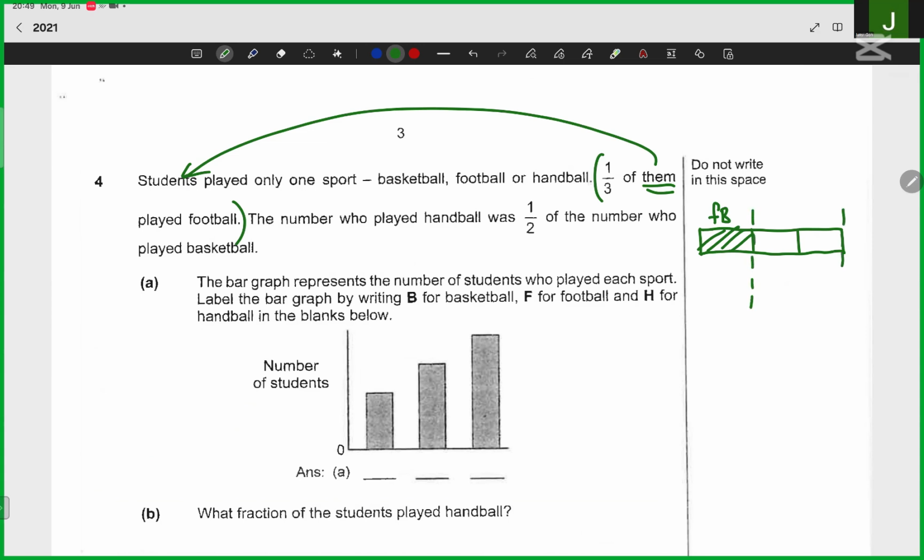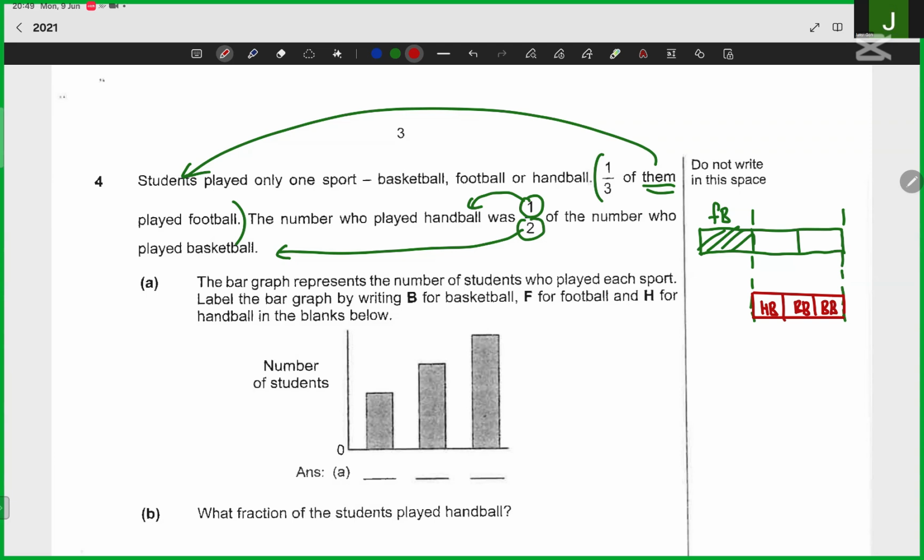These 2 units are the students who play handball and basketball. 1 plays handball, 2 plays basketball, right? So that means this is further cut down into 3 units, where this one plays handball, this one plays basketball.